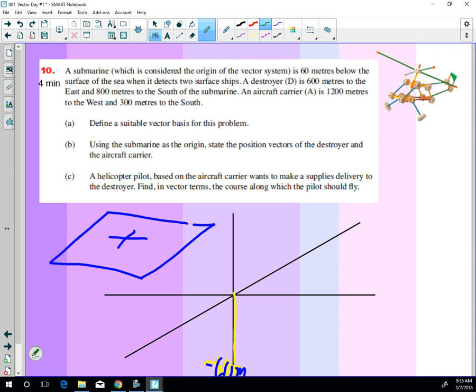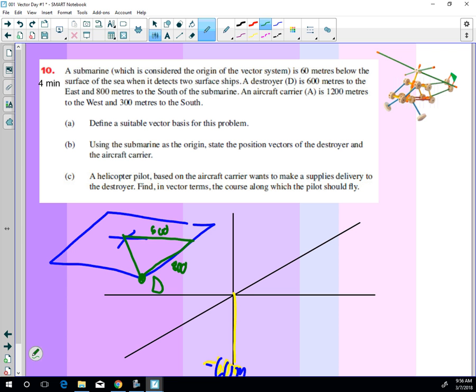So we're east 600 and then south 800. So this is 600 and this is 800. I bet you could find this distance. There's one destroyer. And then an aircraft is 1,200 meters west.